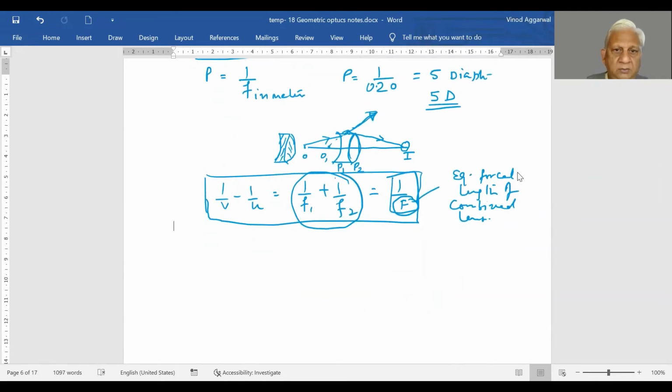Similarly, on the same analogy, the power of the final equivalent lens will be equal to the sum of the powers of the individual lenses. These are the two lenses, they combine to make one lens whose equivalent power is this.